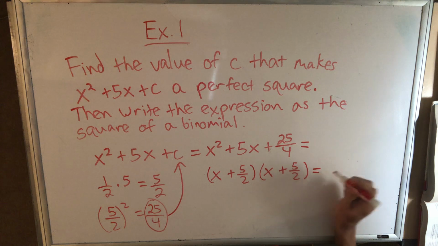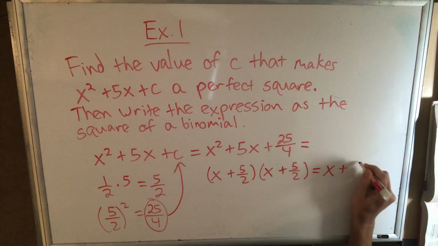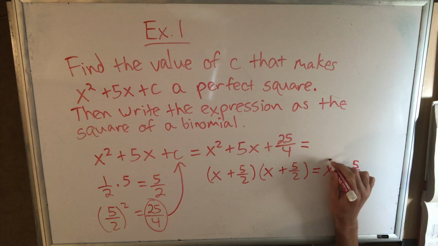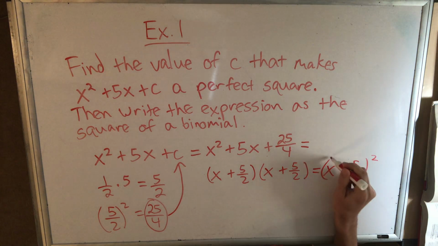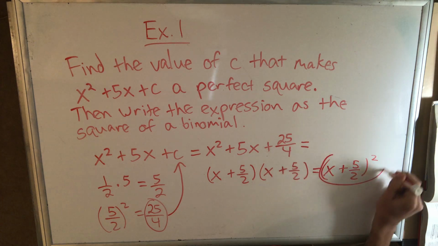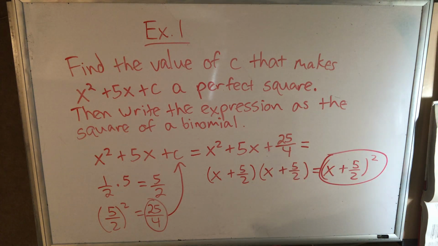And then that equals x plus 5 over 2 in parentheses squared, since we have 2 x plus 5 over 2's multiplied together. So now the expression has been written as the square of a binomial, the square of two terms.